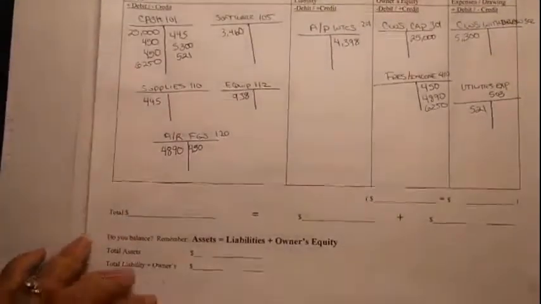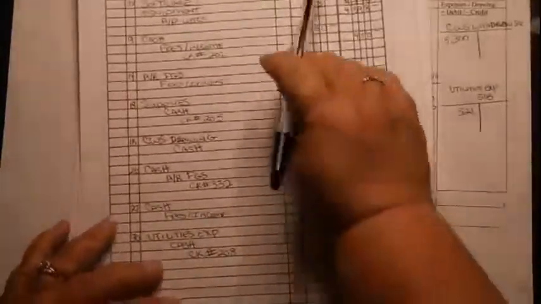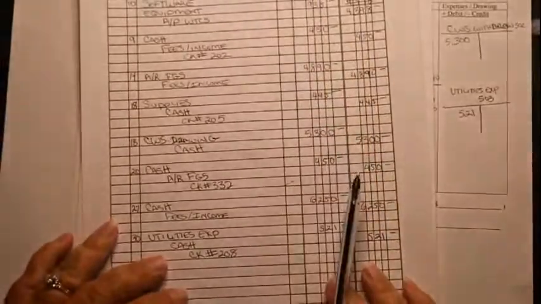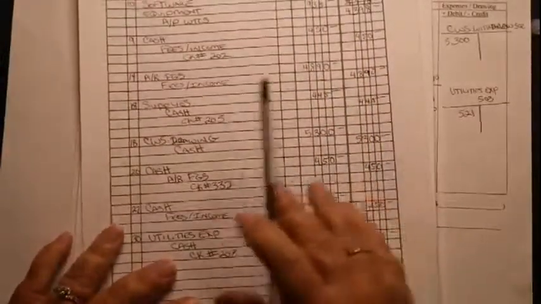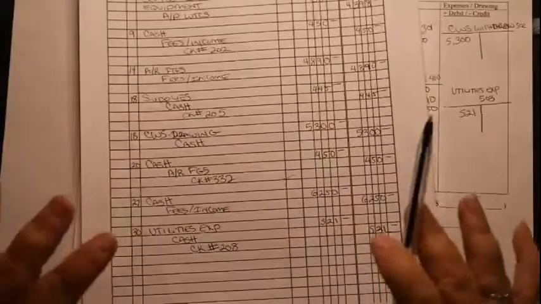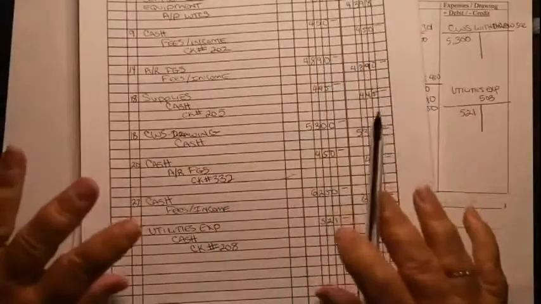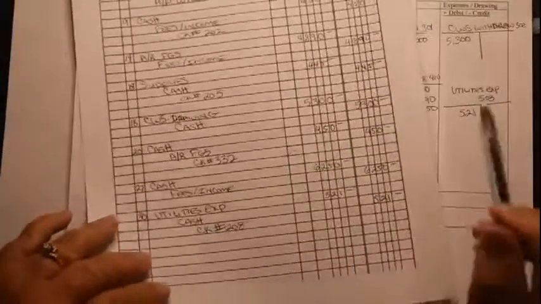We have two processes to do. We have to make sure our journal balances, and we have to make sure our T accounts balance with the accounting equation. So here, let me show you something real quick. Let's say I added up our journal, and they balance the debits and the credits. That's great, but this doesn't show me if it balances with the accounting equation.